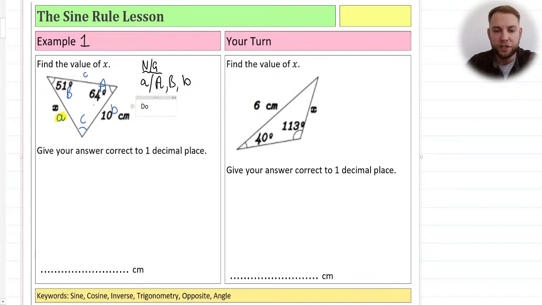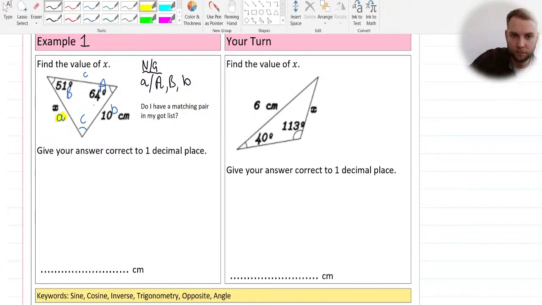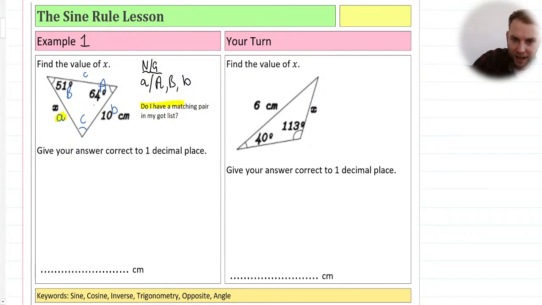So the question is, and this is really, really important, do I have a matching pair in my got list?